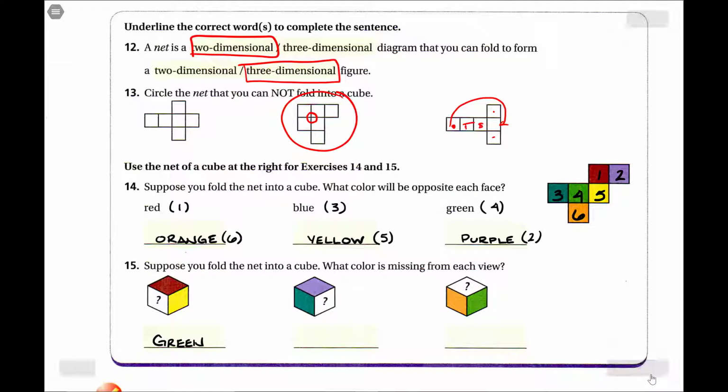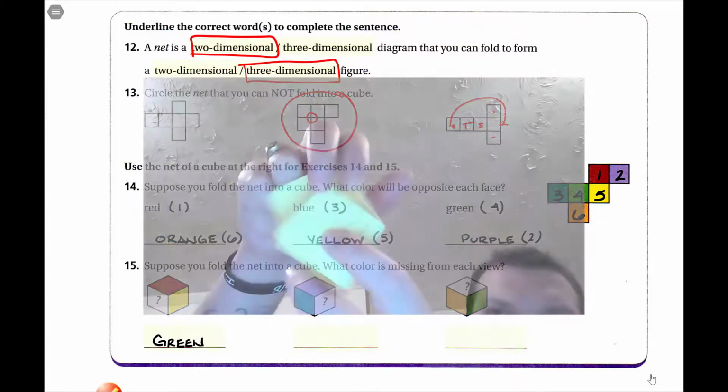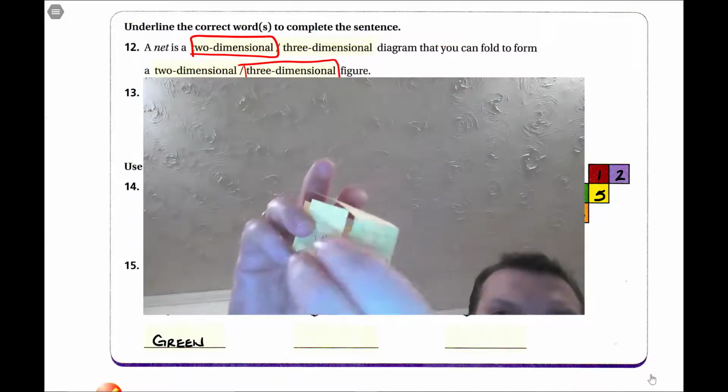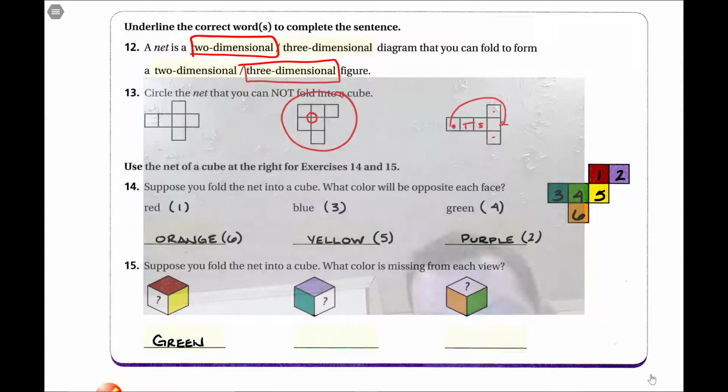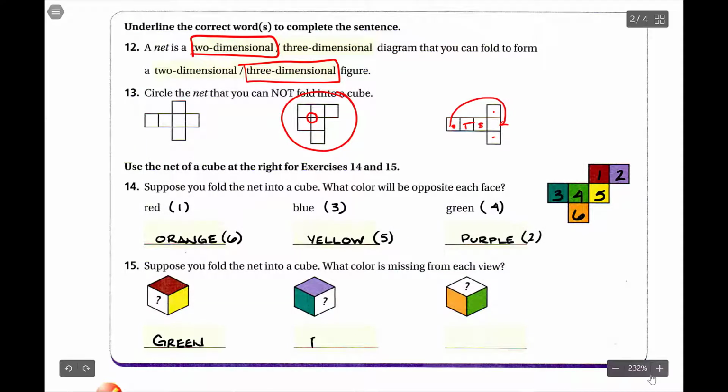And then if we do the same thing with purple and blue, we put purple on top, so that's the number 2. So we put 2 on top, and then we would put 3 down and to the right. So that would be looking at it. Here's 2 on top, 3 is down and to the right. So 1 is this opposite side here. 1 corresponds to red. And then our last one, we have orange on the left, green on the right.